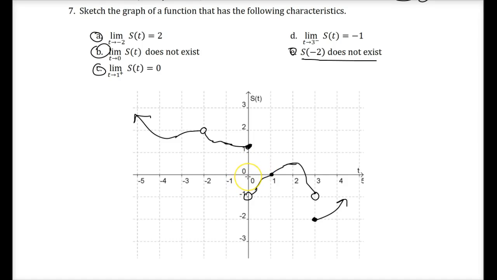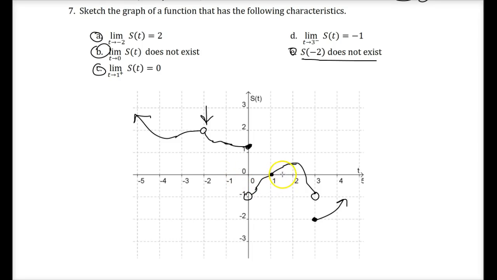Now, of course, your graph, if you do this on your own, it may look different, but the one thing that must happen is you must have a hole right here. You must have some sort of discontinuity at t equals 0, whether it is a jump discontinuity like how I have here or vertical asymptote.